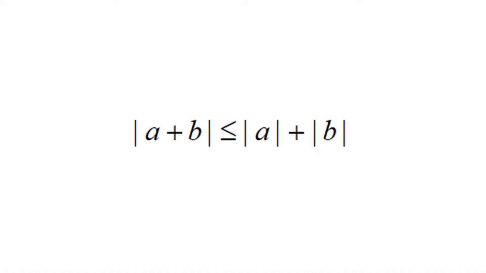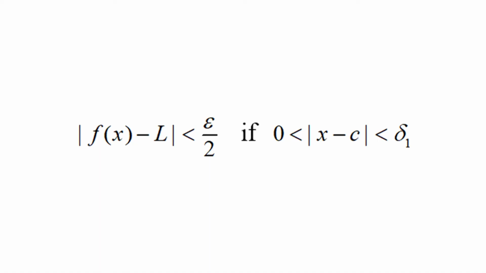Using the triangle inequality, |a + b| ≤ |a| + |b|. Since the limit of f(x) as x approaches c is L, corresponding to the given epsilon greater than 0, there exists a number delta 1 greater than 0 such that |f(x) − L| < epsilon by 2 if 0 < |x − c| < delta 1.